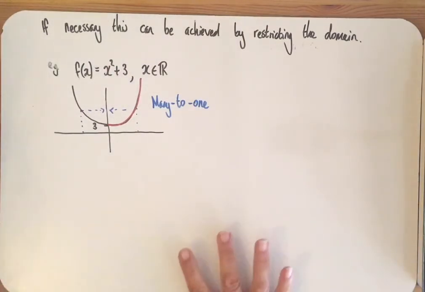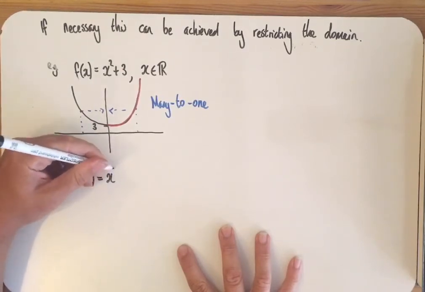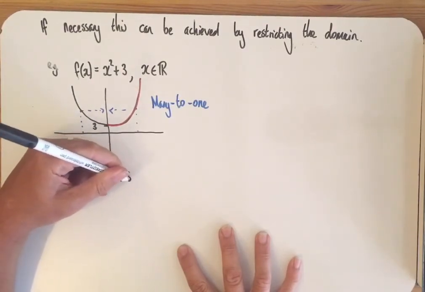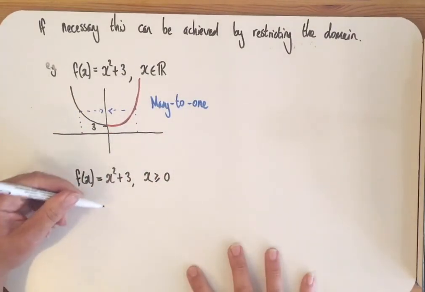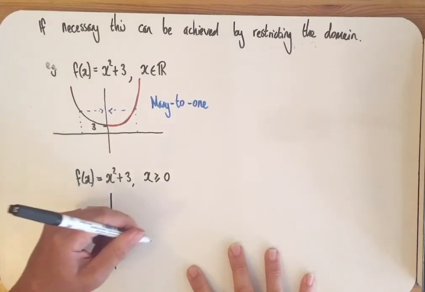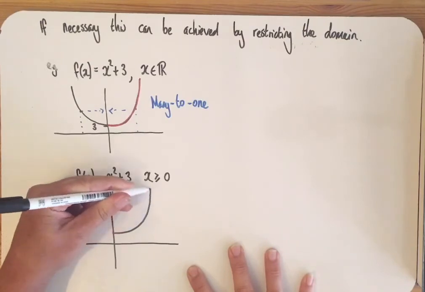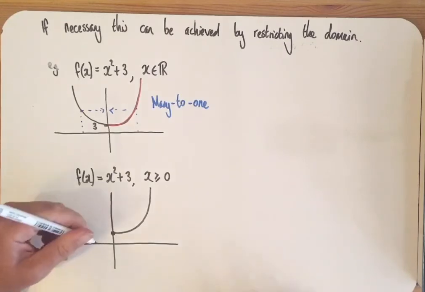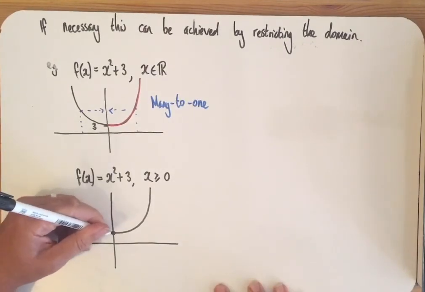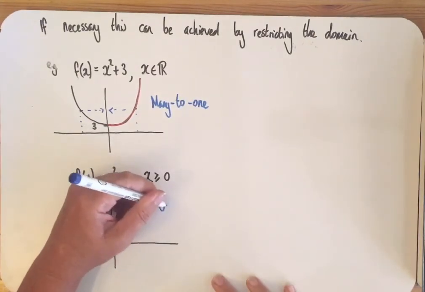And so if we let f of x equal x squared plus 3 for x being greater than or equal to 0, then that creates a one-to-one mapping. You can do a shaded circle to show that the 0 is included on x, and an open circle if it isn't. So that there is 3. So that is now a one-to-one mapping.